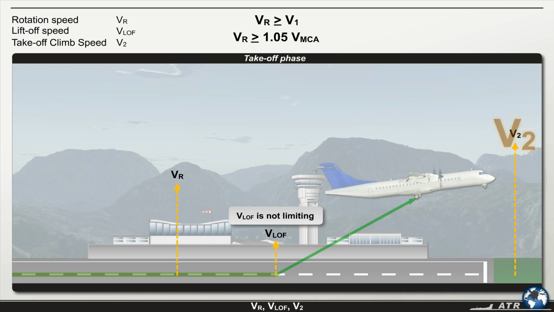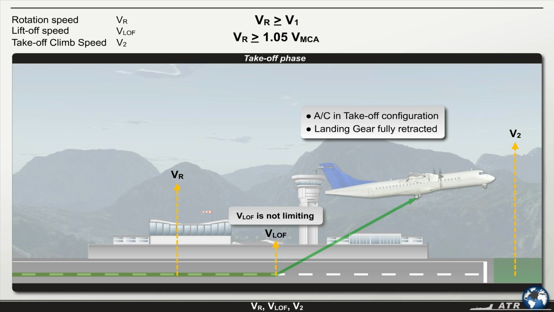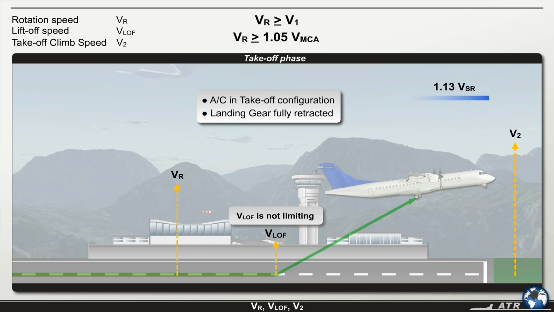V2 will ensure a minimum regulatory climb gradient of 2.4% after takeoff, taking into consideration the aircraft at the takeoff configuration and the landing gear fully retracted. The V2 minimum shall not be less than 1.13 VSR or 1.1 VMCA, whichever is higher.